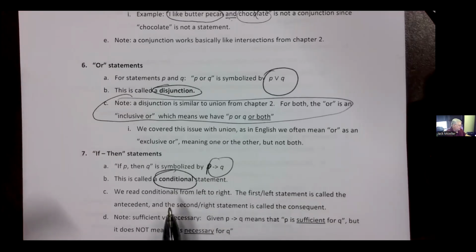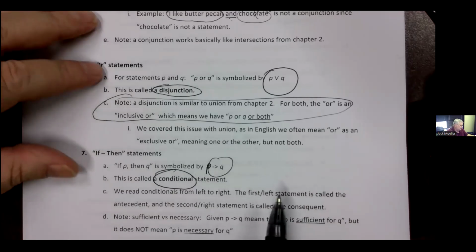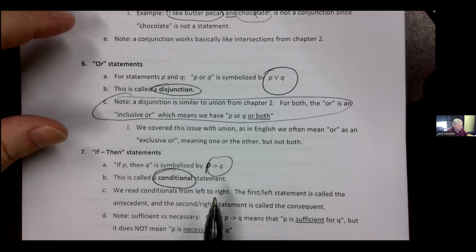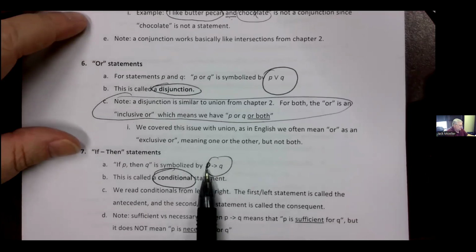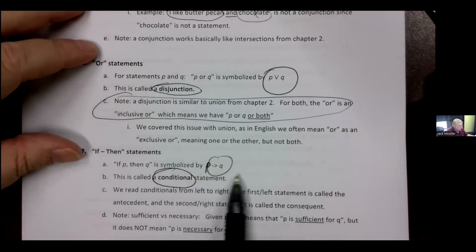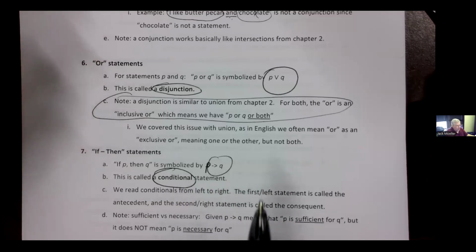We definitely read them from left to right. Conditionals, or if-thens, do not go both ways. Just because we say if P then Q, we can't assume if Q then P. So the arrow is pointing to the right for a reason.